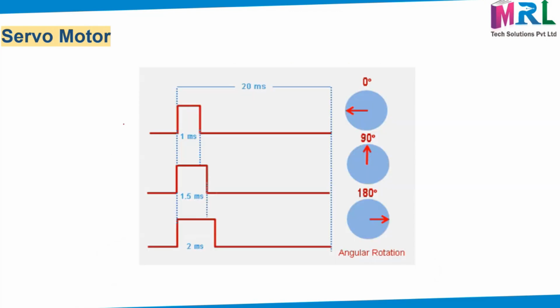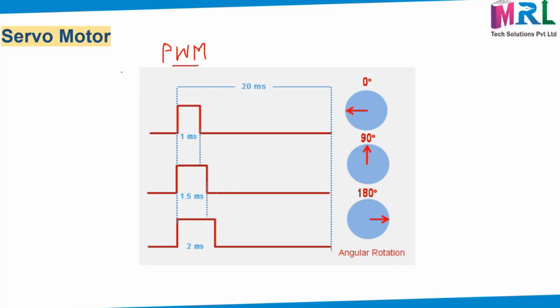How this motor works: this is called PWM, pulse width modulation. When you give the VCC supply, we give a pulse called the pulse width.